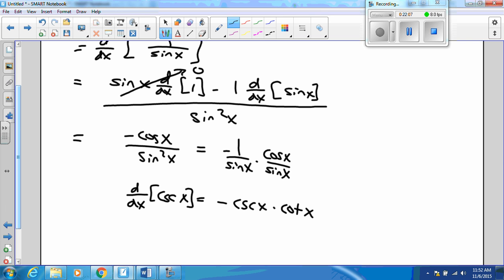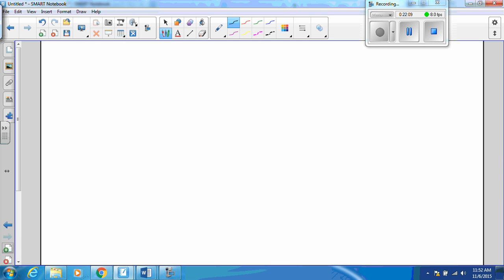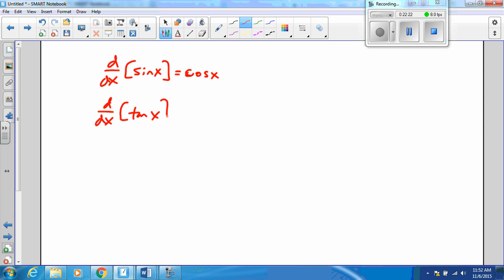Well, let's take and generate a chart here, because we are going to have many of our 6 trig derivatives frequently. If we call these 3 our big three trig functions, then the derivatives of the big three trig functions are like so.